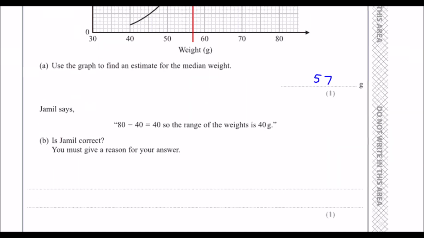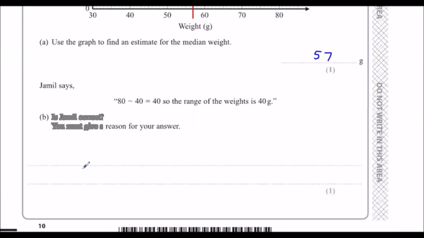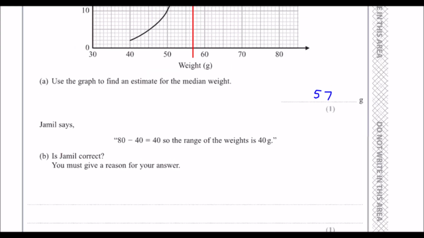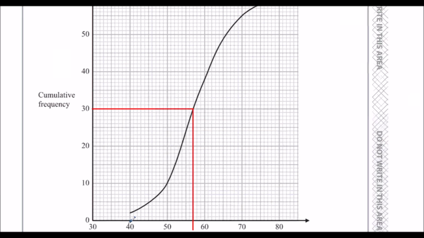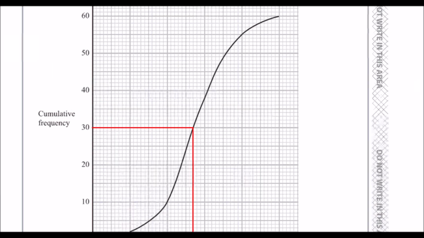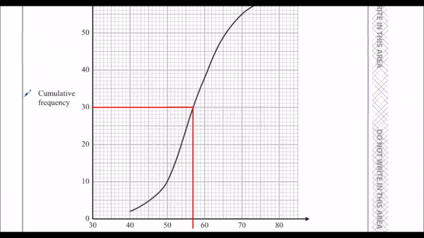Okay, part B. Jamil says 80 take away 40 is 40, so the range of the weights is 40 grams. Is he correct? Give a reason for your answer. So we've got 40 as the lowest, 80 as the highest, but the cumulative frequency graph would have been drawn with grouped data.